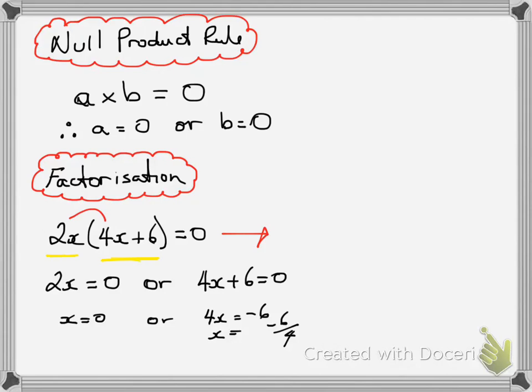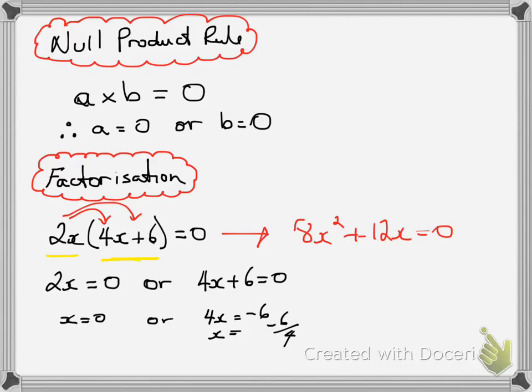So when you do something like that, you get 8x squared plus 12x equals 0.